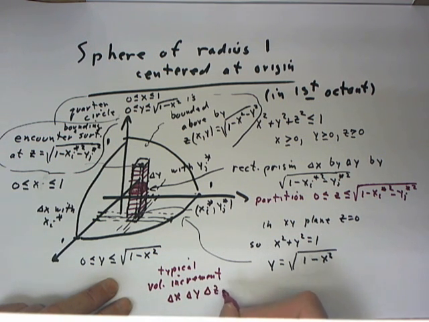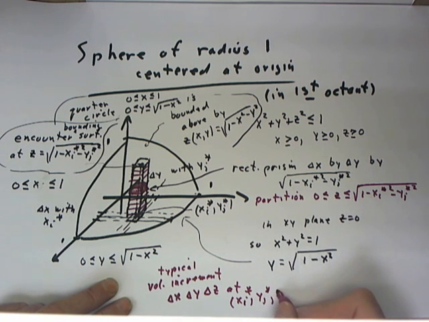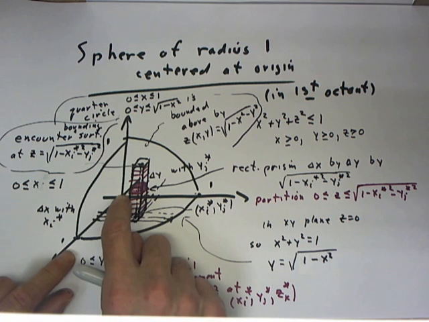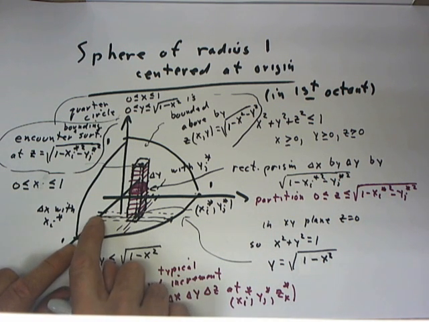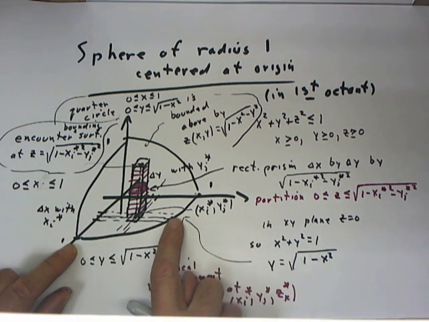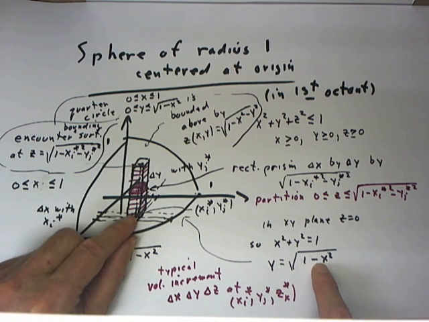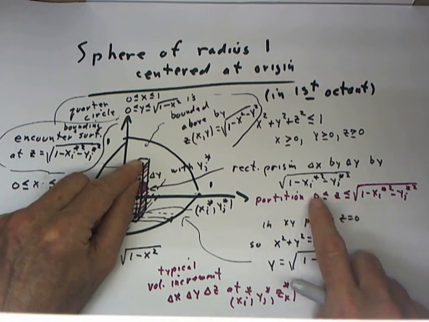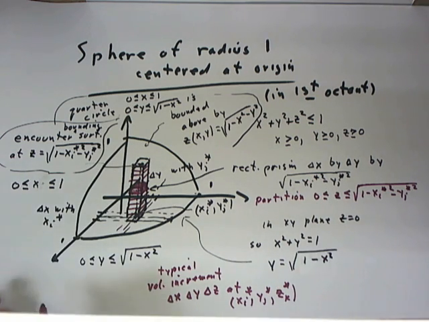Delta x, delta y, delta z at xi star, yj star, zk star. Our region runs from x equals 0 to 1, from y equals 0 to the square root of 1 minus x squared, and from z equals 0 up to the square root of 1 minus x squared minus y squared.